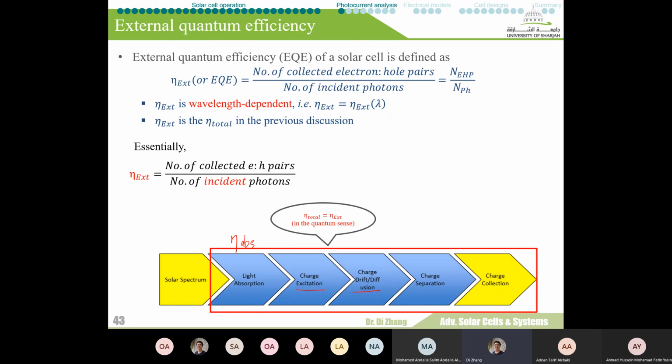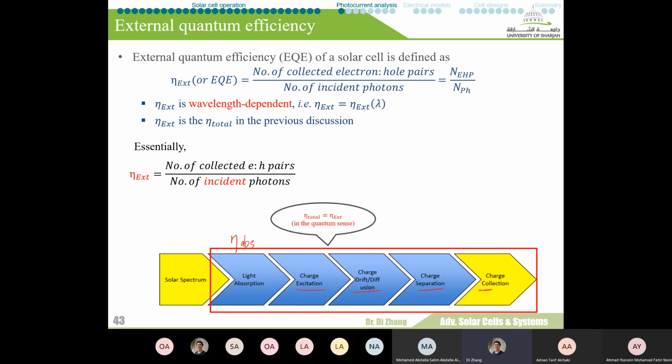Obviously, this depends on the diffusion length. And there is the separation efficiency, because under the electric field, it's not guaranteed that you can separate them successfully. Finally, there is also the collection process, because after the separation, they still need to reach the positive and the negative electrodes.